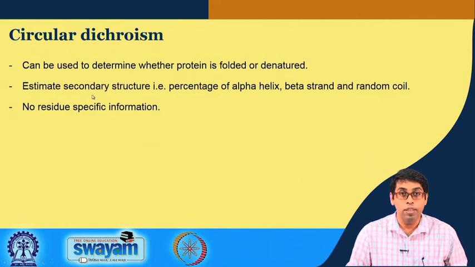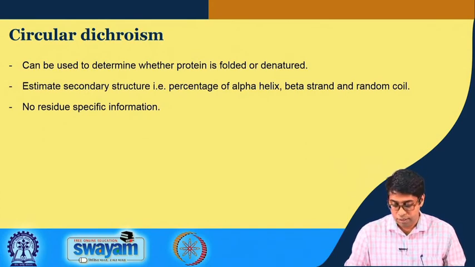We can estimate the secondary structure composition of a protein, that is the percentage of alpha helix, beta strand and random coil. But the limitation of circular dichroism is that we do not get any residue specific information. So, using CD we can determine whether our protein is folded, and if it is folded, what is the secondary structure content of this particular protein.